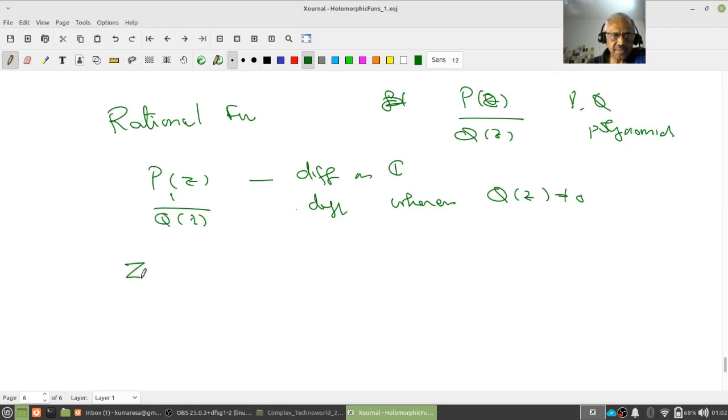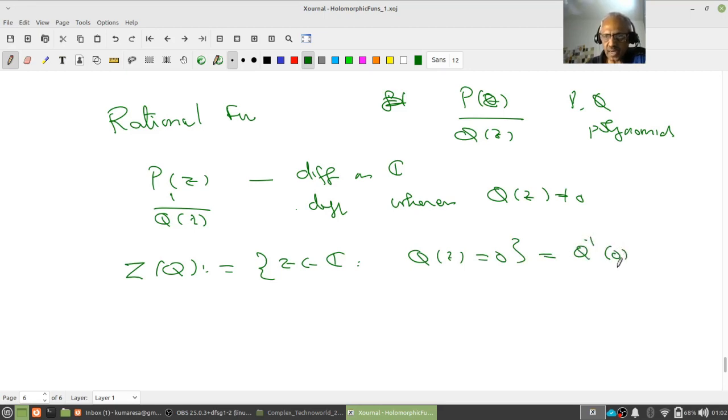Therefore, if I look at Z of q to be the set of complex numbers z in C such that q of z is 0, remember q is continuous, therefore this is q inverse of 0, and this is a closed set. Therefore, if I take C minus Z of q, this is an open set, right?